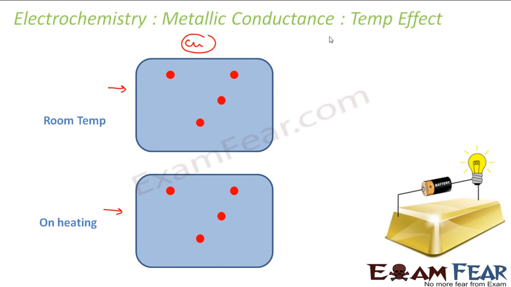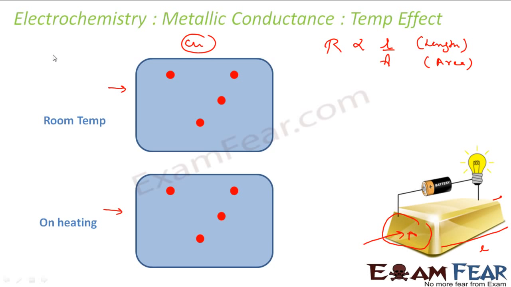And let me discuss some formulas here. So resistance is directly proportional to L by A. What is L? L is the length of the rod, and A is the cross-sectional area. For example, if I have a wire like this and I'm passing current from here to here, then this is my length and this is my area.